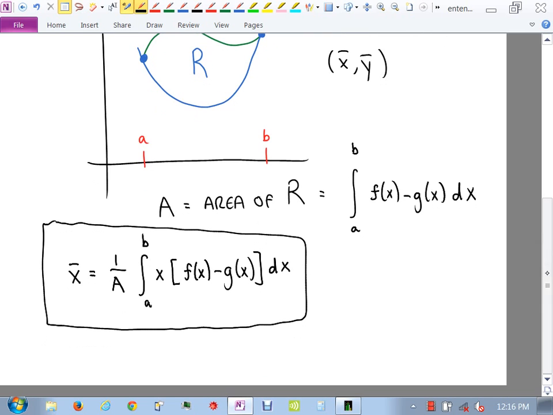So it's really like two integrals that you have to do. You first find the area. That's an integral. We've done those before. And that'll turn out to be a number, right? The area will be a number. 1 divided by that number times this integral. This is x times f of x minus g of x. This is almost the area again, isn't it? But with the additional x in there.